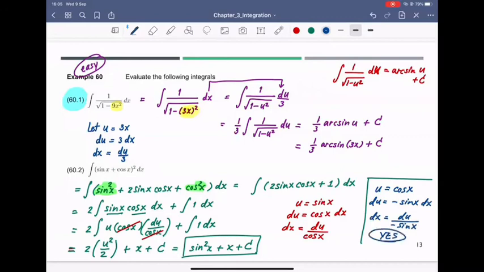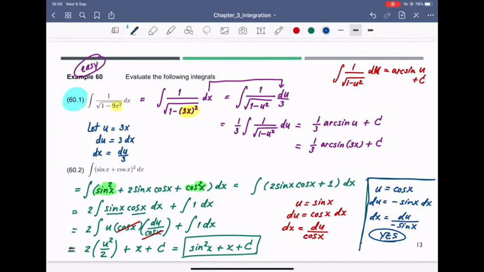For one question, you can pick different u, but the answer must be the same. For any u that you pick, if you simplify it correctly, it will give you the same answer. If you pick cosine x, you can try it at home. You're going to see that you can integrate this as well.